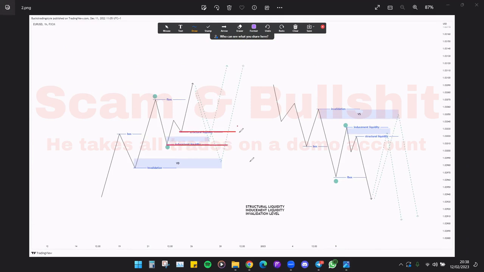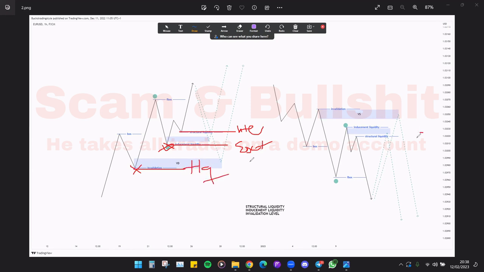The SLQ is internal structure. The ILQ is external structure. ILQ is when price takes out one level of liquidity. Now, the third type of liquidity is the transactional liquidity, and transactional liquidity is when price takes out two levels of external structure. So when price takes out this level of liquidity, this one level, and when price takes this out, this becomes two levels of liquidity. Then this level right here becomes our TLQ.